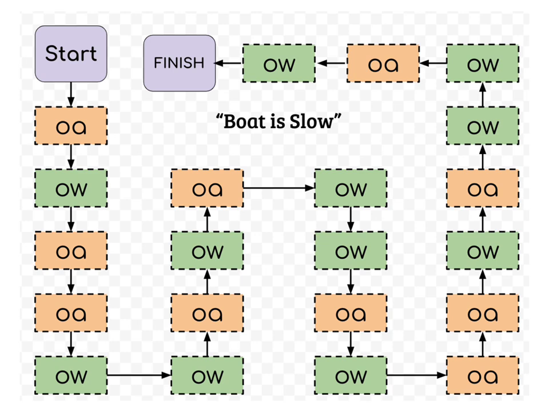You read a word to them, and they tell you, is it OA or OW? How come? And they move on to that spot. Then they read a word to you, and you tell them if it's OA or OW and how come it's that spelling.